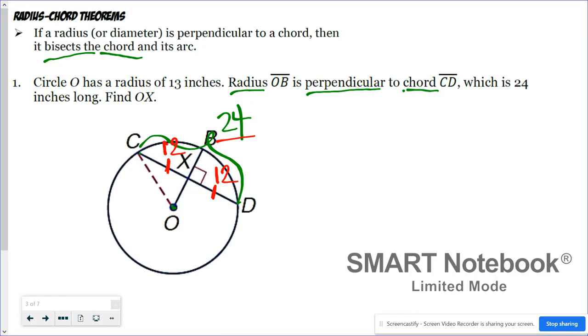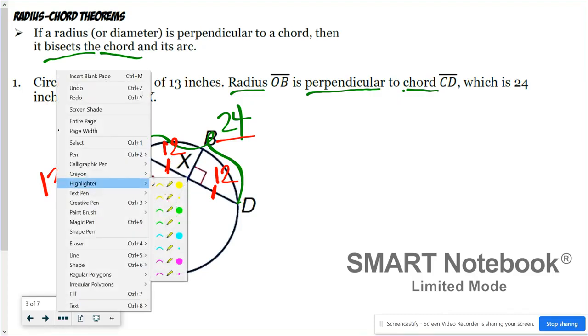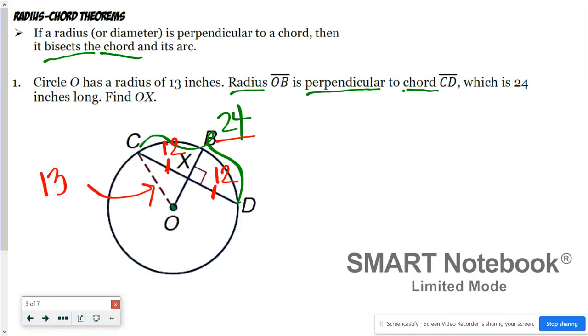Now remember, the radius of the circle is 13, and OC is one of those radii, so I know that is 13. We want OX. We know the radius of the circle is 13 inches, and we know this segment of the chord is 12 inches.